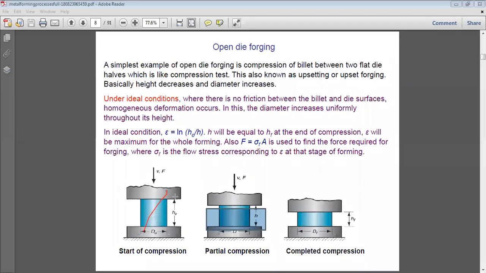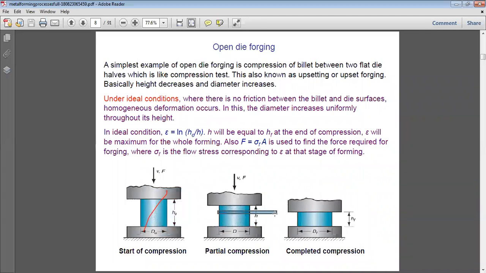If friction is not there, then there will be homogeneous deformation, and the diameter increases uniformly throughout its height. This one is height, this one is diameter.